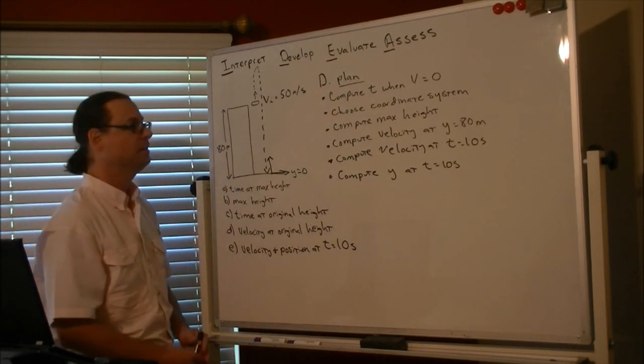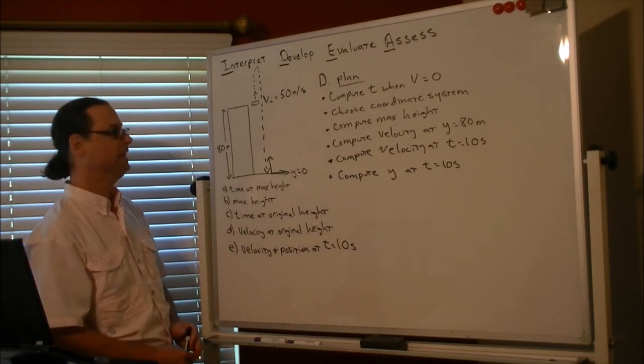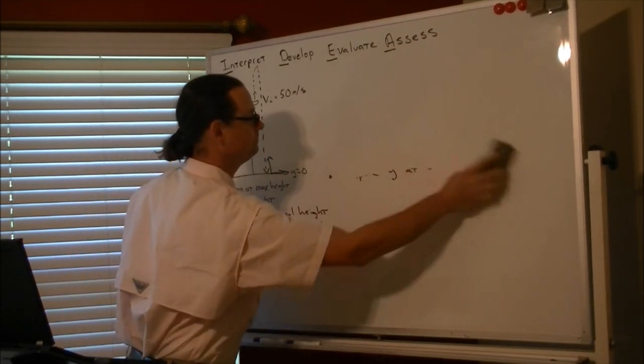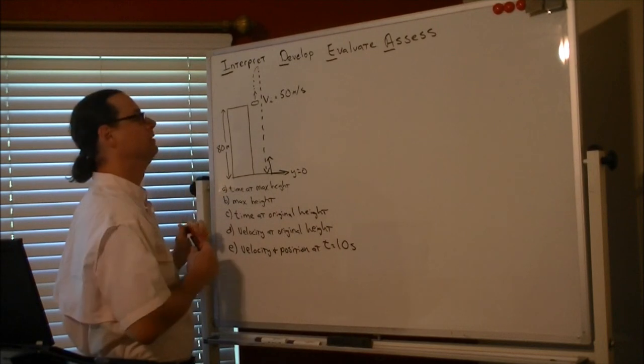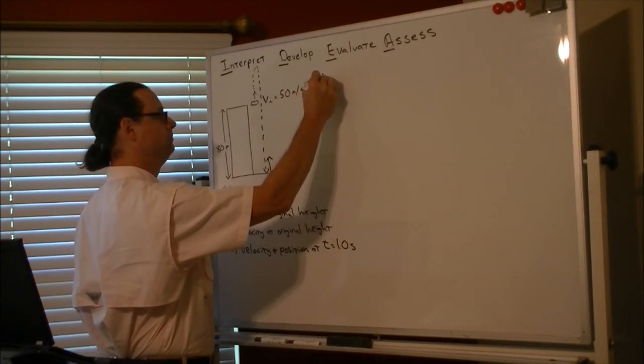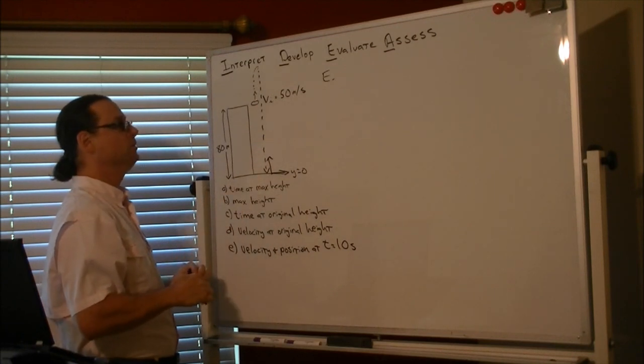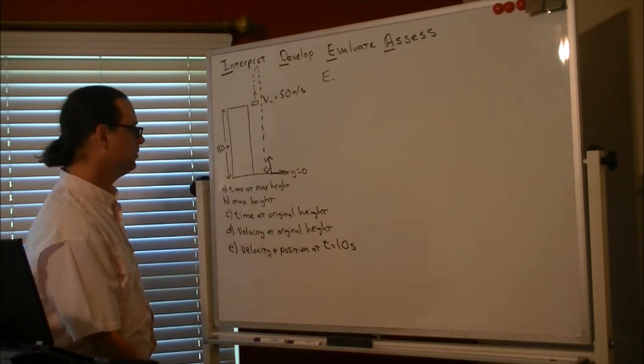Okay, so let's go ahead and start executing that plan, and this is the evaluate step. And we already actually executed drawing the coordinate system. So now we need to think about principles and equations.